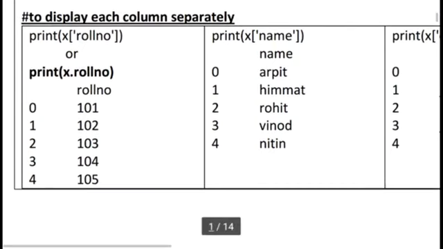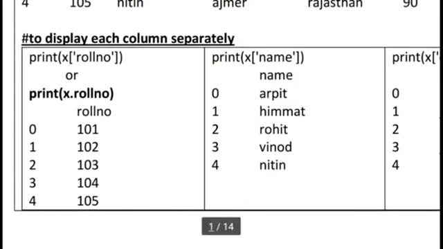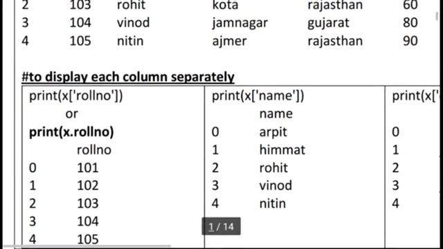Or, another way, we can also do it without square brackets. You can directly use print x dot, but here the dot is important. If you don't use square brackets, you always use the dot, x dot roll number, but with the dot there is no need to use square brackets. This is the same thing we can use to display our first column, but the square bracket style is the one we mostly use.